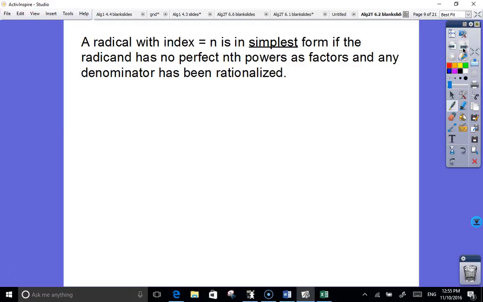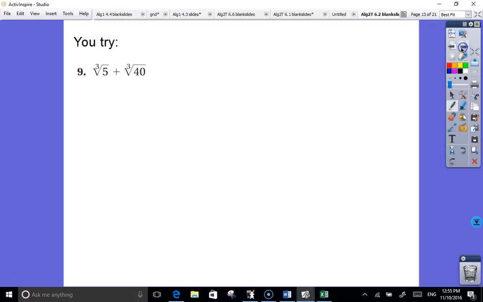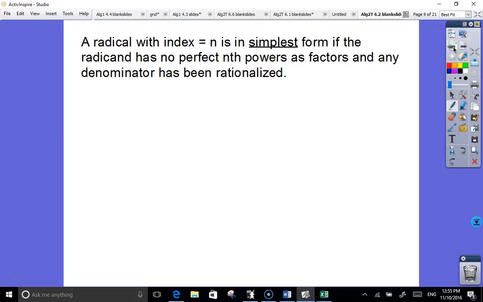Okay, when it says that we should simplify a radical, and now we're going to get into where we're not just dealing with numbers anymore, that we've got variable expressions involved. The simplest form, if the index is n, then there shouldn't be any perfect nth powers inside the radical.